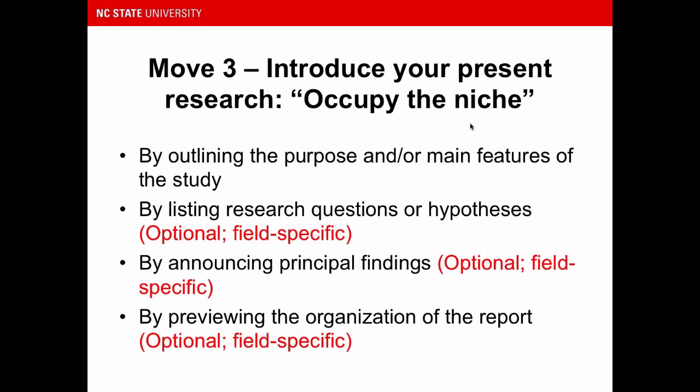And for many of these, my advice is simply to read the journal to which you're aiming and understand what conventions exist for that journal. So if you see that it's common in introductions that the previous authors announce the key findings of their research, well, you would want to be doing that too. You would want to be meeting the expectations for that journal. Or if they all preview the organization of the report, then you'll want to do that too.